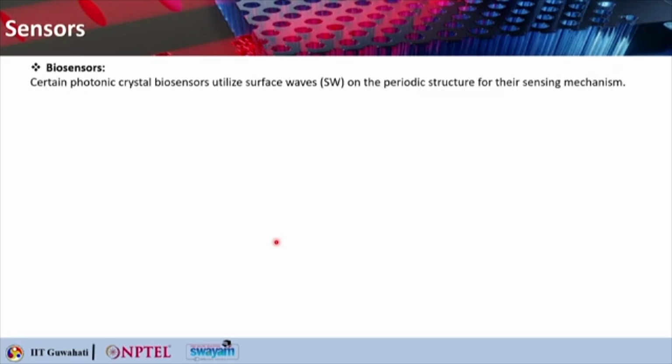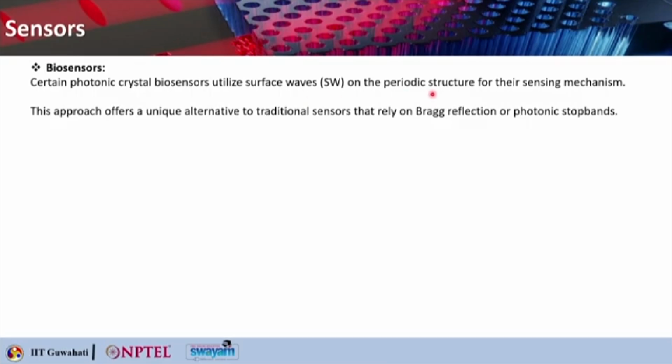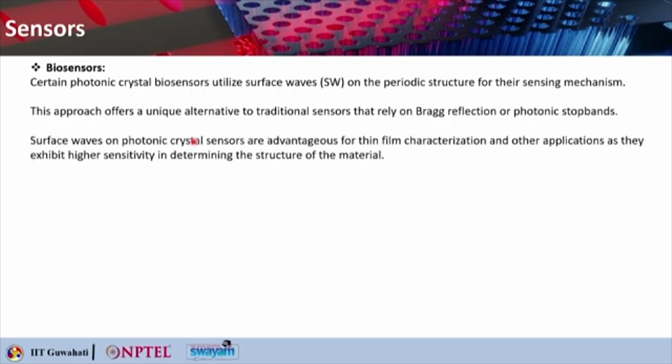Next comes biosensors. Certain photonic crystal biosensors utilize surface waves on the periodic structure for the sensing mechanism. This approach offers a unique alternative to the traditional sensors that typically rely on Bragg reflection or photonic stop bands. So these are basically surface wave based sensors.